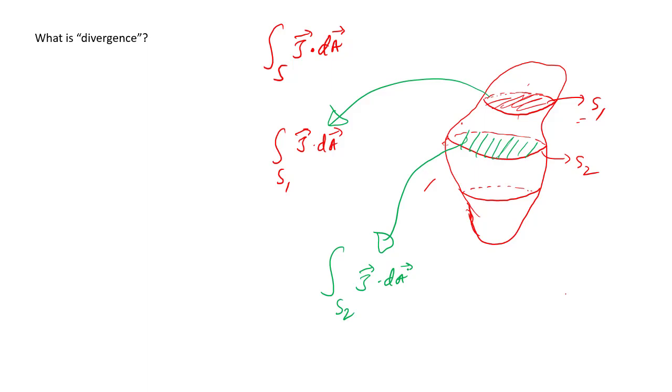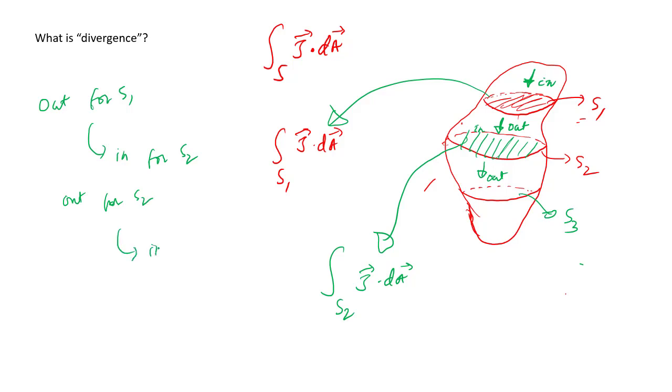But notice that, like how we talked about people going in and coming out, look at S1. This is going in, and this is coming out. Whatever is out for S1 is in for S2. For S2, this is in, and this is out. Similarly, if I call this S3, whatever is out for S2 would be in for S3.